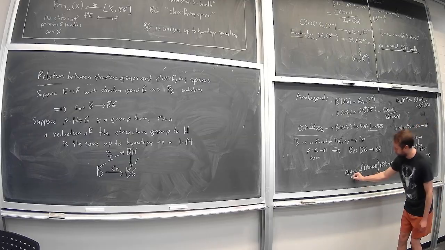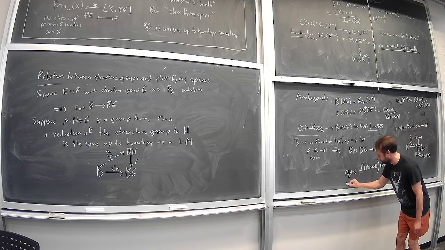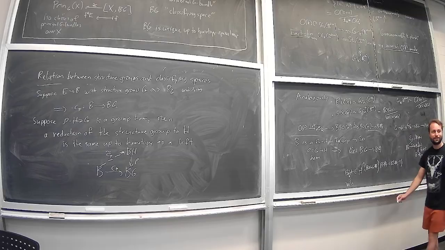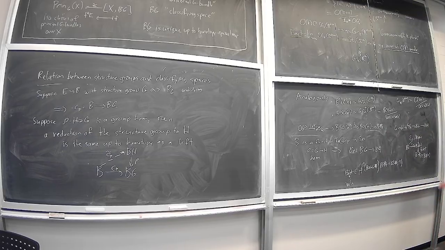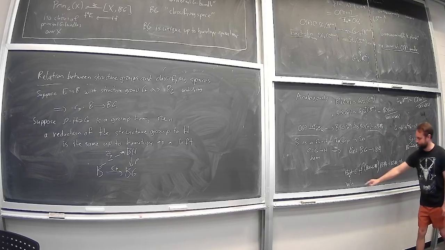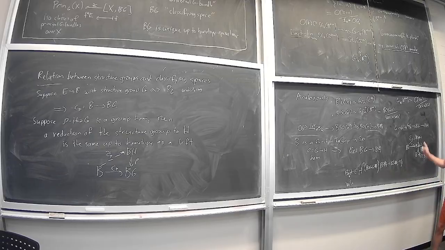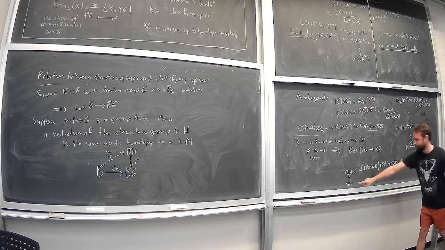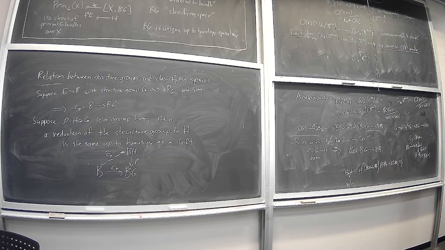And this has another name. It's called the first Stiefel-Whitney class. It's an element of cohomology. Your bundle is orientable if and only if its determinant line bundle is trivial. There is a lift to BSO(n) if and only if the first Stiefel-Whitney class is 0.